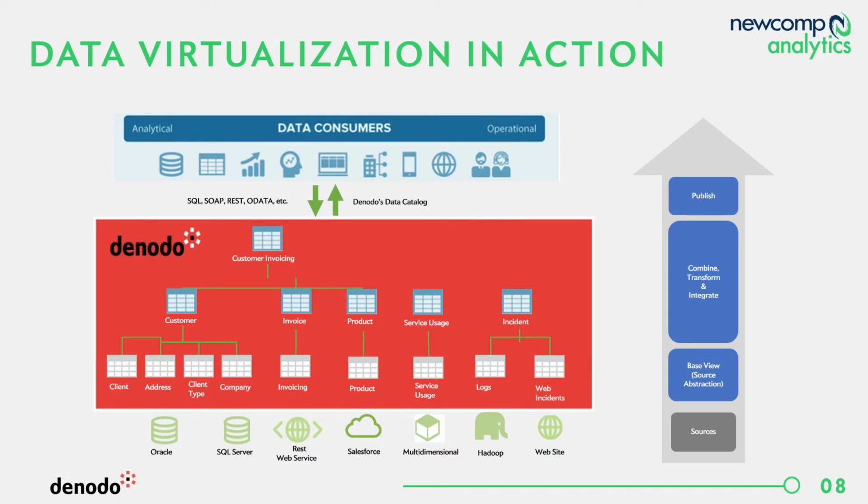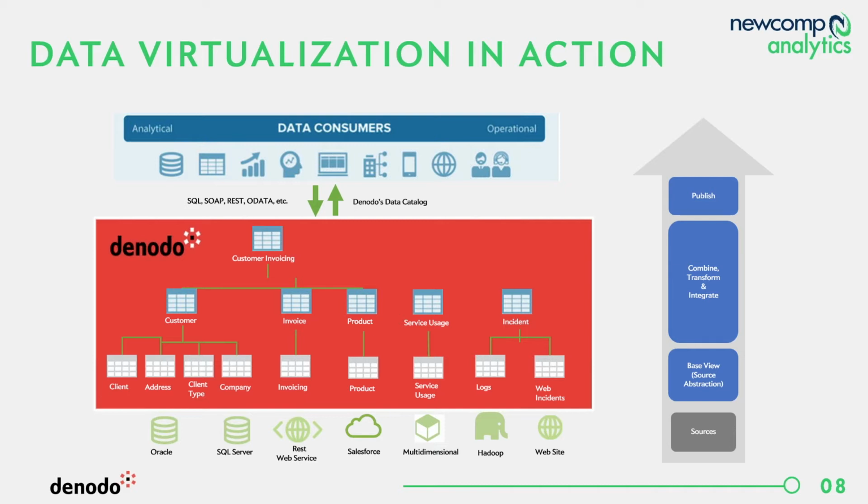This is a similar slide, but it shows the virtual layer in a bit more detail. You can see at the bottom here some of the sources we're able to connect to, both on-prem and cloud sources, which can range from traditional relational databases like Oracle and SQL Server to other things like APIs, SaaS offerings, multidimensional sources, Hadoop, web sources. It can connect to essentially anything.